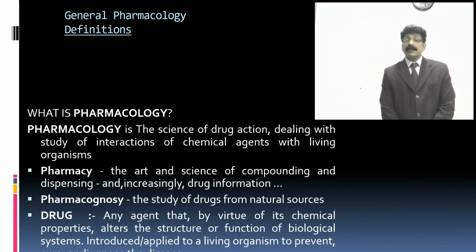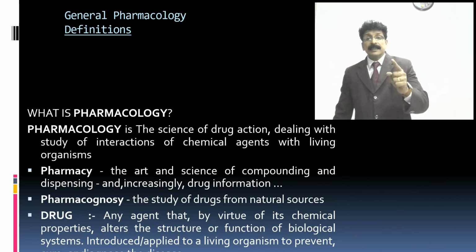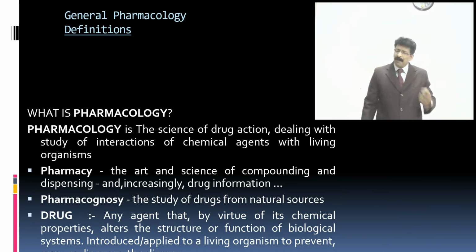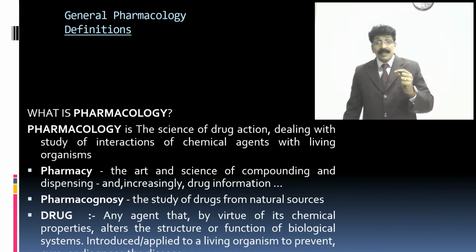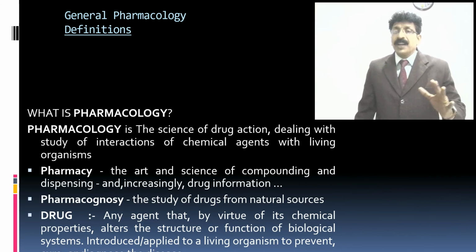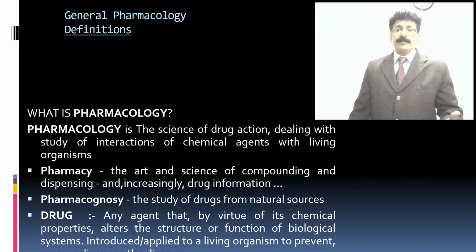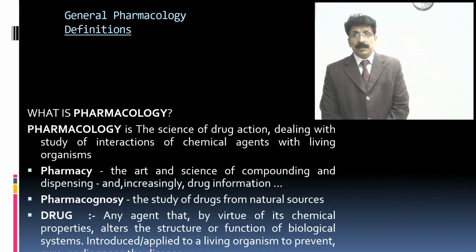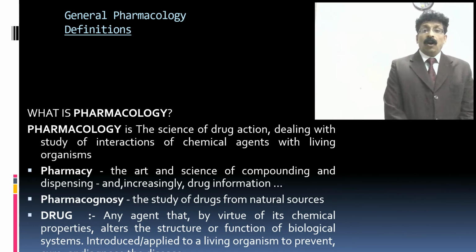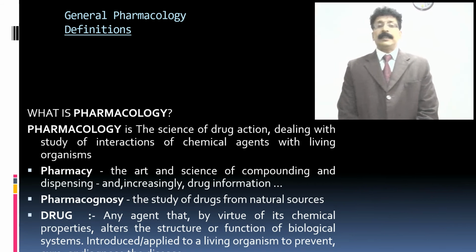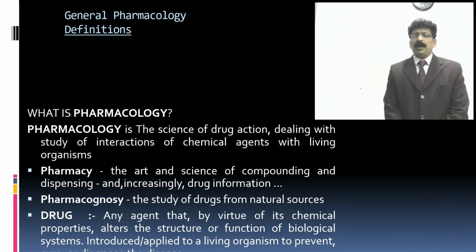The definition: any agent that by virtue of its chemical properties alters the structure or function of biological systems, introduced or applied to a living organism to prevent, cure, or even diagnose disease. They are called drugs. So you have to be clear with the definition of a drug.